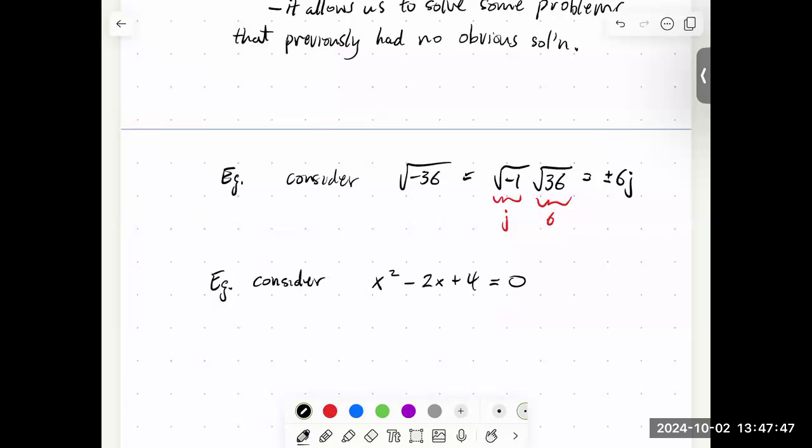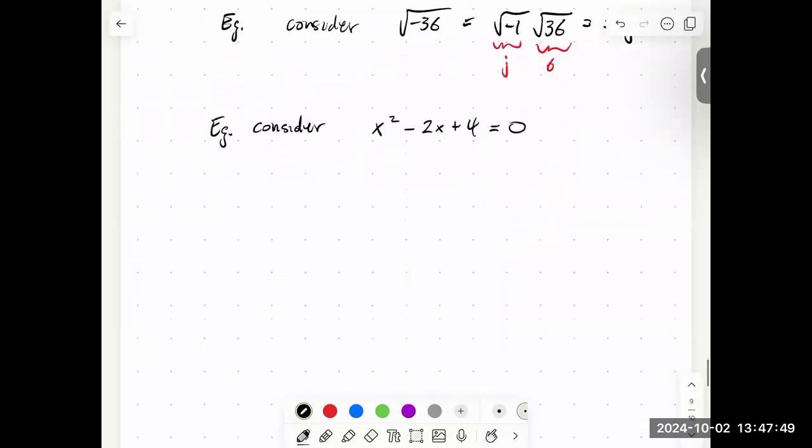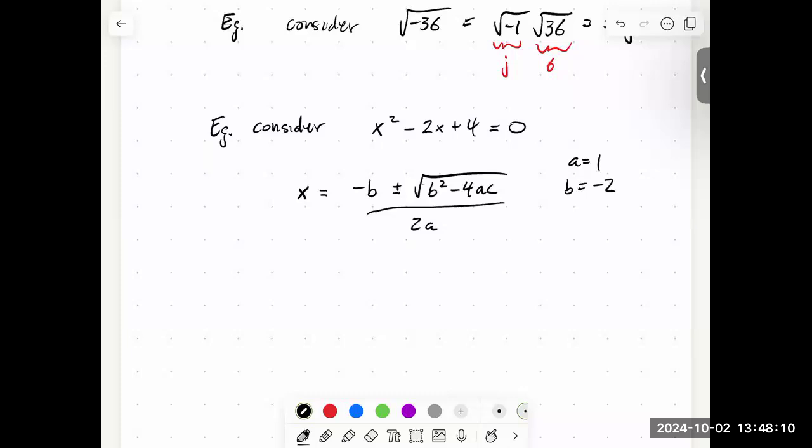Well, what we know is that the solution for x is going to be minus b plus or minus the square root of b squared minus 4ac over 2a. So we have a is the coefficient of x squared, which is 1. B is the coefficient of x, which is -2, and then c is the 4.